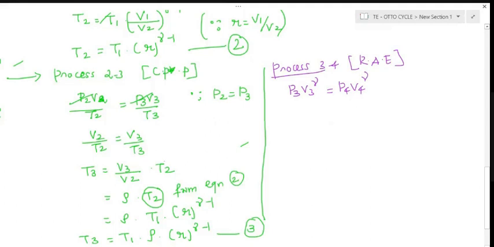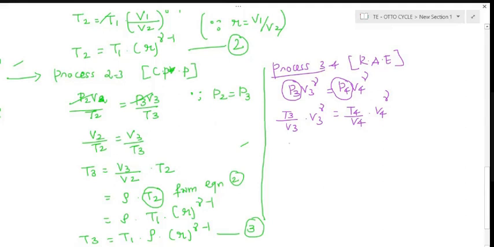Again, instead of pressure, replace with temperature using the general gas equation PV by T equal to C, so P equals T divided by V. So T3 by V3 into V3 power gamma equals T4 by V4 into V4 power gamma.